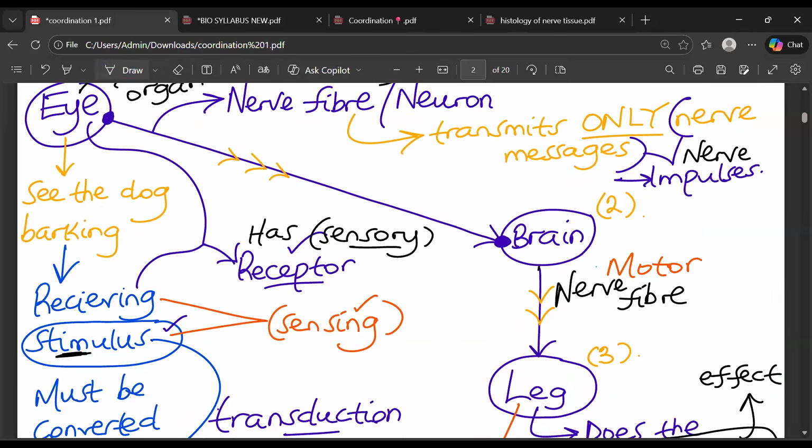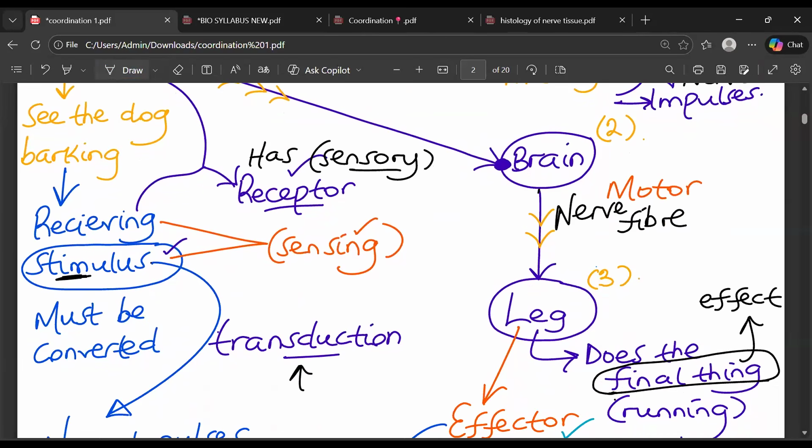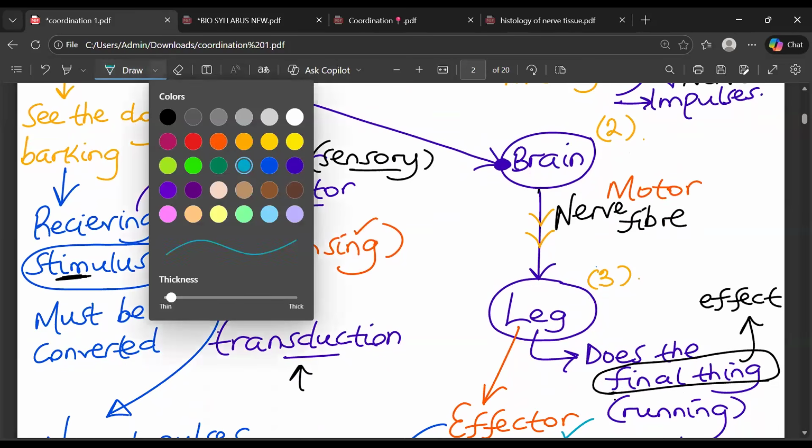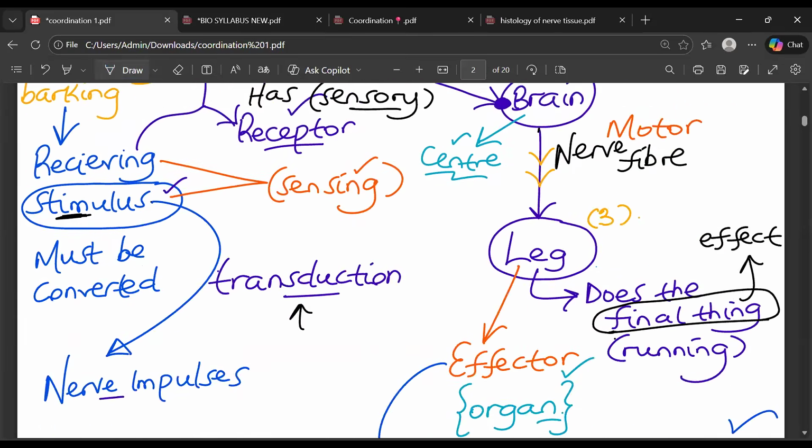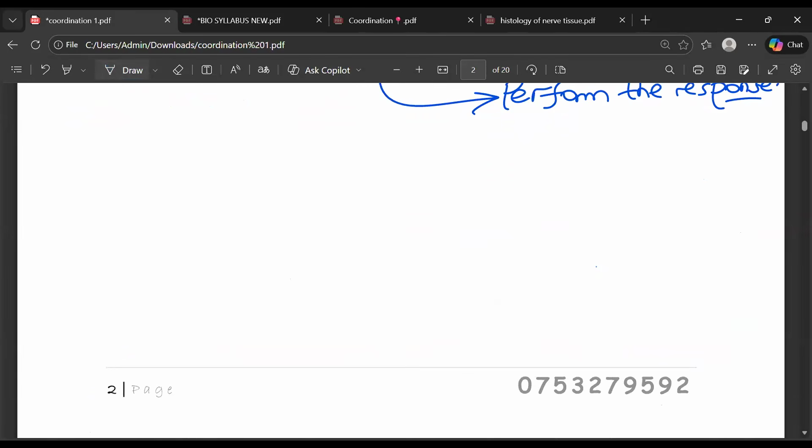Now, I remember telling you that the brain is at the center. Then I'm going to introduce more terms. The other things are just the other side. So something new is also coming in, and I'm going to just put it here.